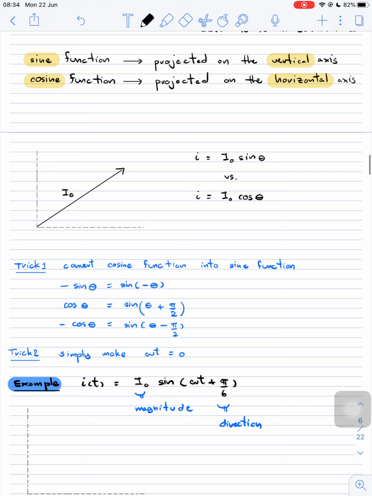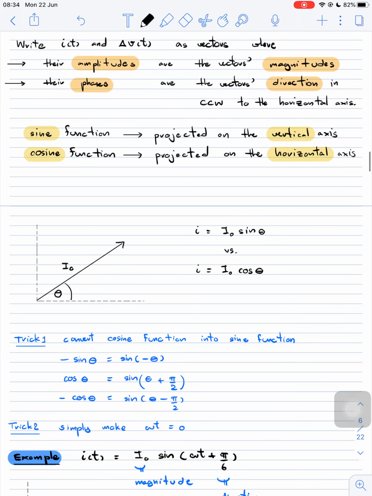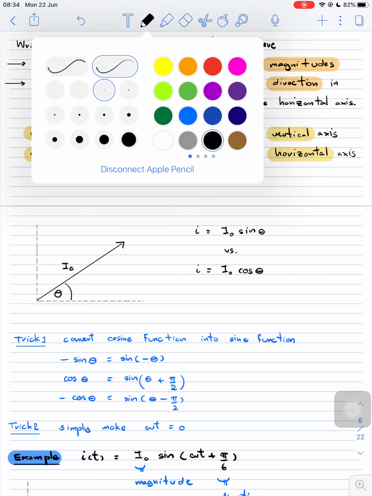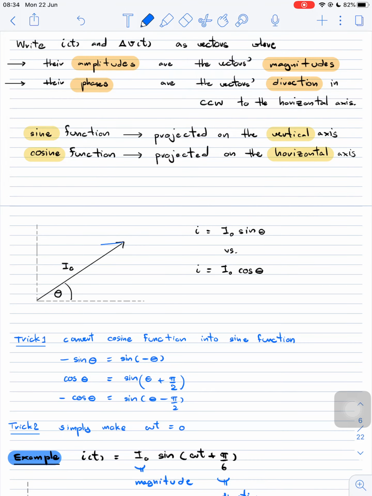So it means that this angle is just equal to theta. Okay. So the meaning of this is, if we want to find the sine function of this vector, we need to project this vector on the vertical axis. Okay, so if we project this vector on the vertical axis, it's going to look like this length.